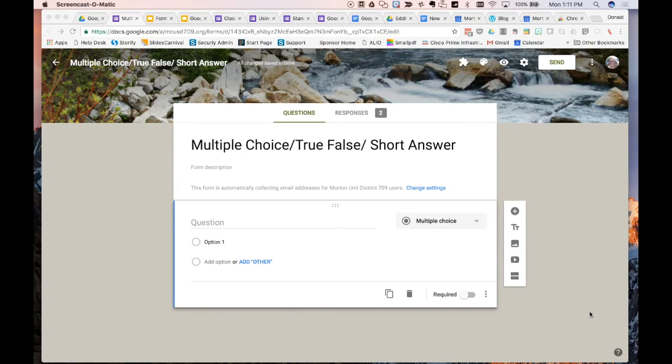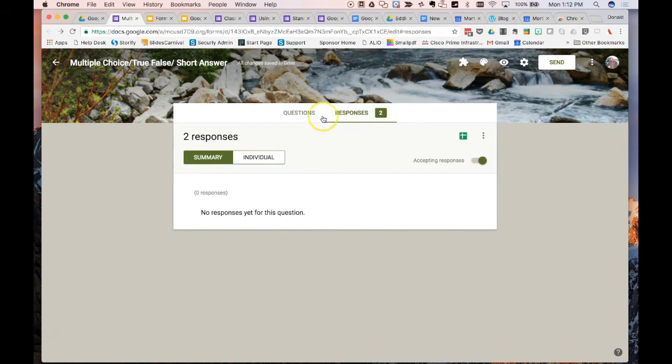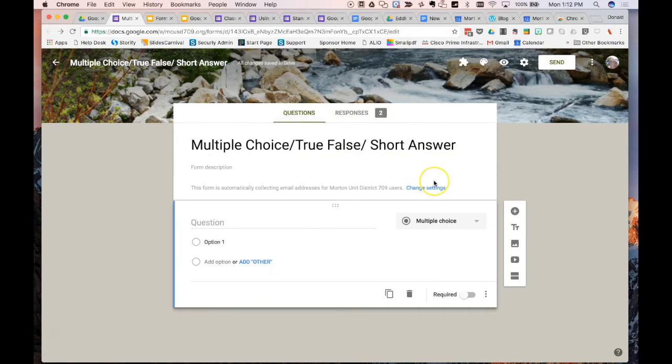You could take your tests or quizzes that you've used in the past and convert them into a Google Form format. And that would be summative. The students would take it, their responses would show up here in this tab. I show some examples in that help dashboard that's linked on how to go about doing this.